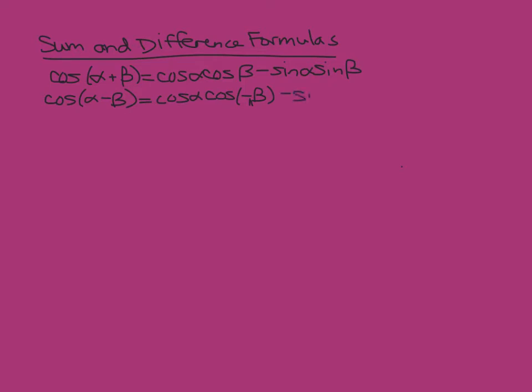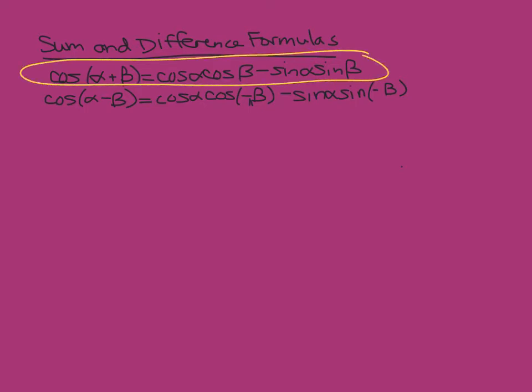And then I do the same thing with sine. I substitute in negative beta for my second term. So basically what I did was I took the first identity and I just said that instead of putting in beta, I'm going to put in negative beta. So I did that in there.